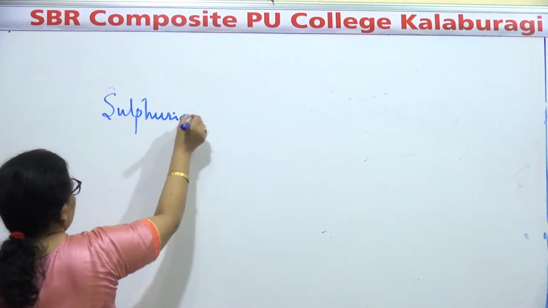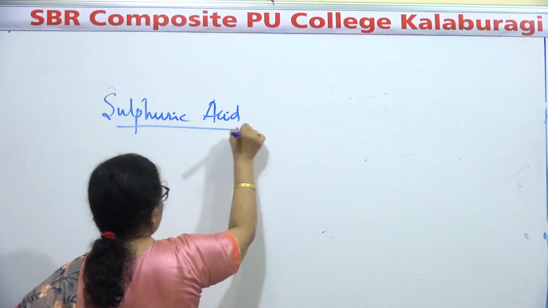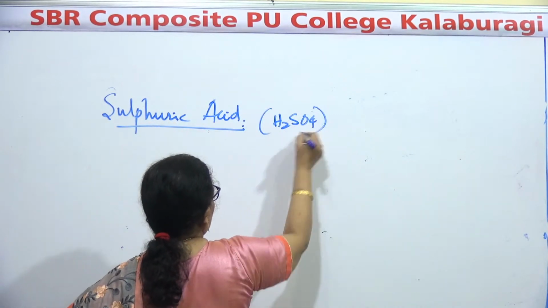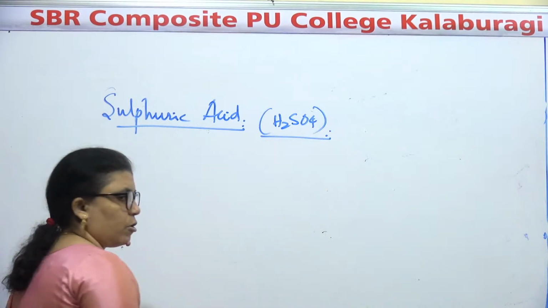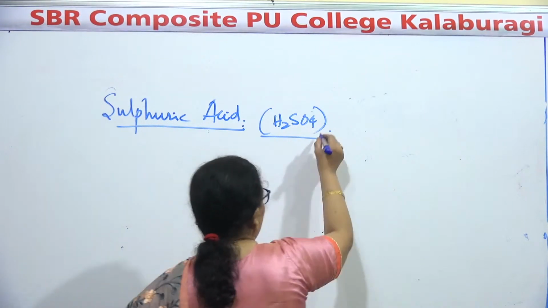King of chemicals. Sulfuric acid, H2SO4. It is an oxo acid of sulfur. Just now we wrote that it is a dibasic acid.